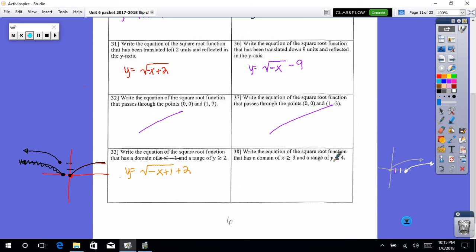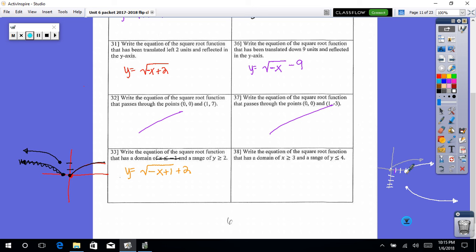Okay, but I want a range of all of my y's to be less than 4. Less than 4, which means I want it to move down 4. But I want every y to be less than that, so I want it to flip this way. Okay, so there's my process here. Here's where I started.